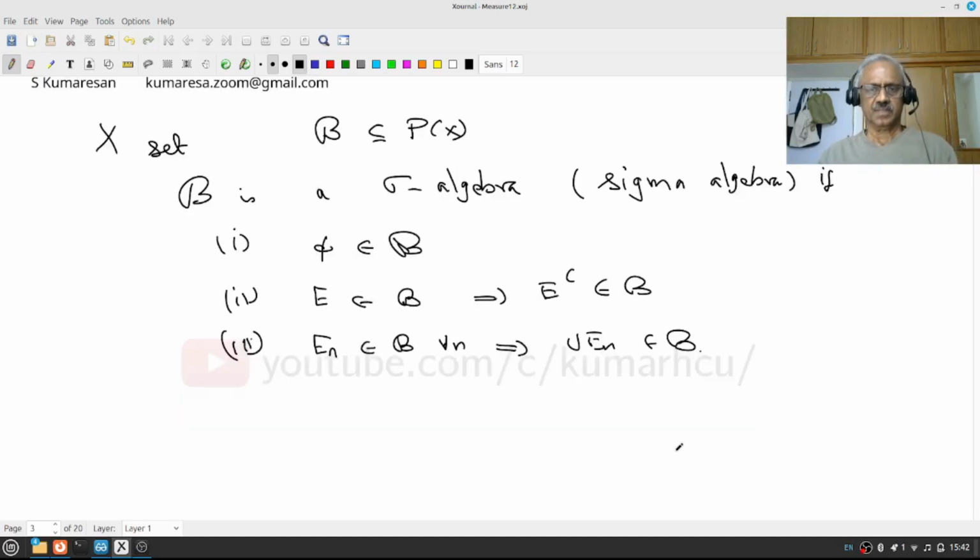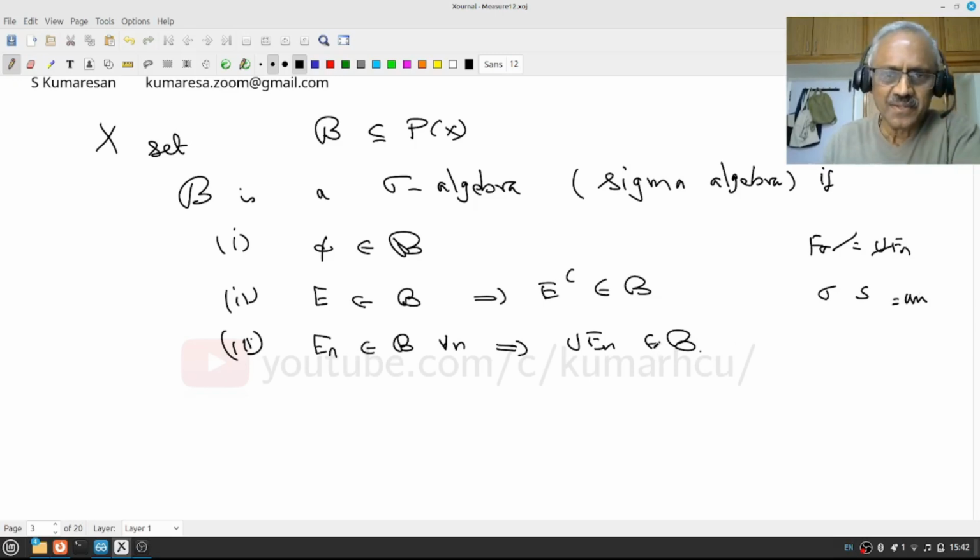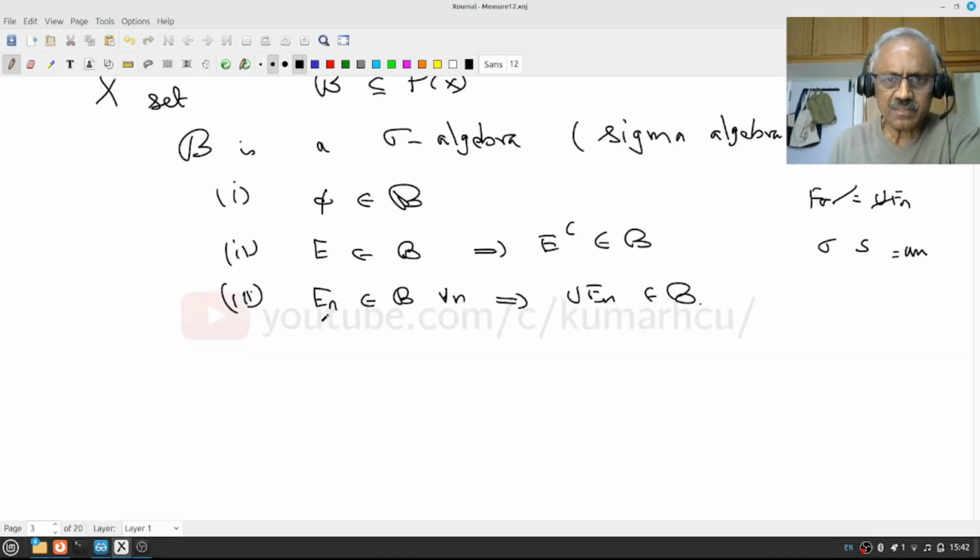That's it. Sigma is for countable union. Do you remember the F sigma set? That is a countable union of closed sets. Sigma stands for S, which is sum, which is union here. This definition is extremely easy.